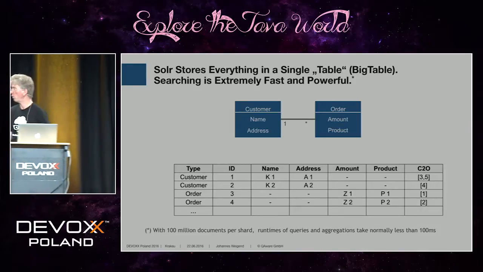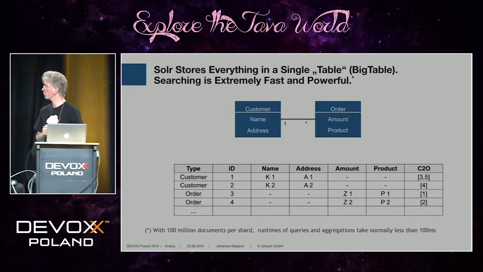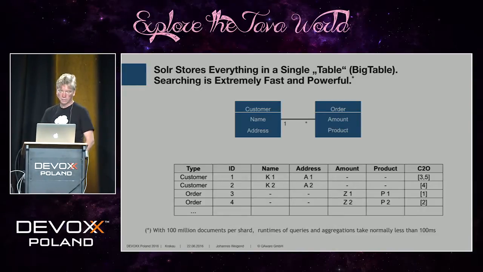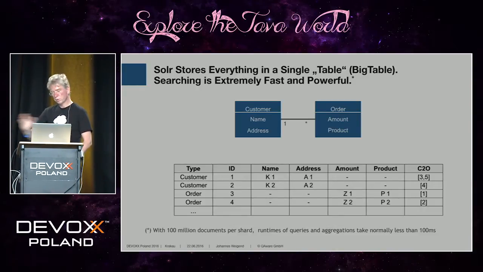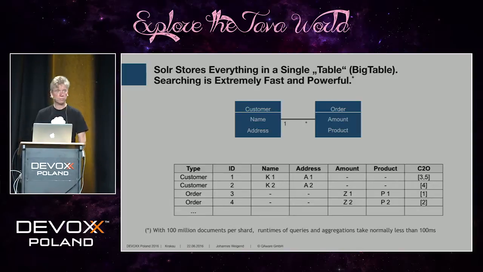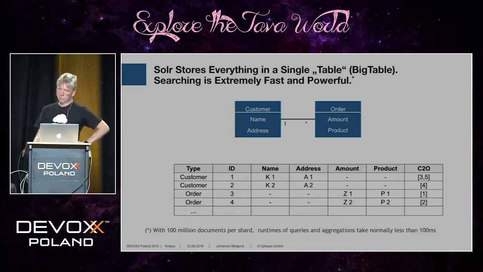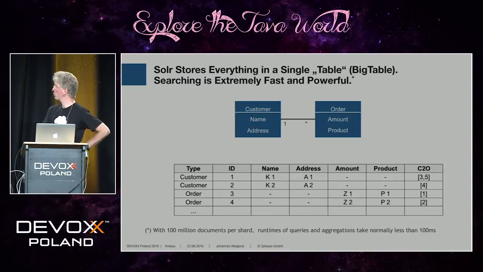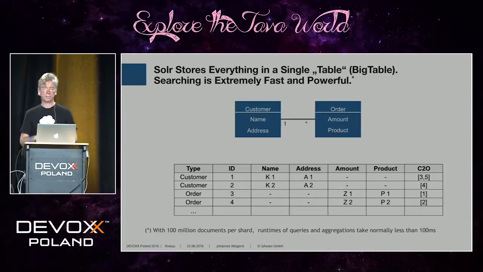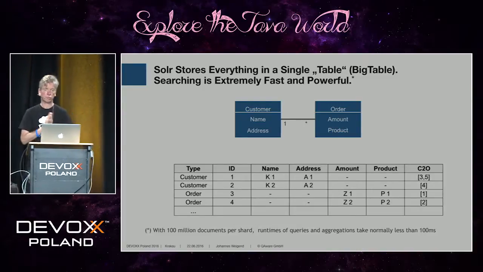If you filter per order, you get all orders. With IDs here, we have the union of all fields from all tables, and you see the relation mapping customer to order, which is a multiple field and can be used to join.